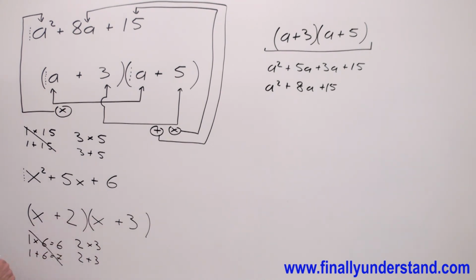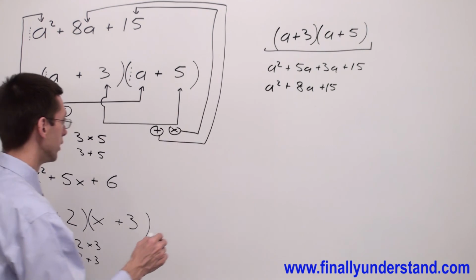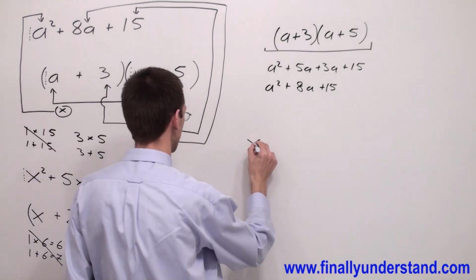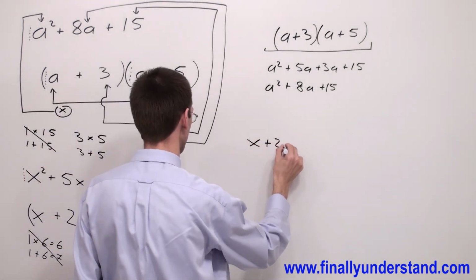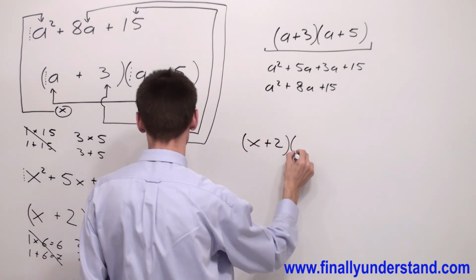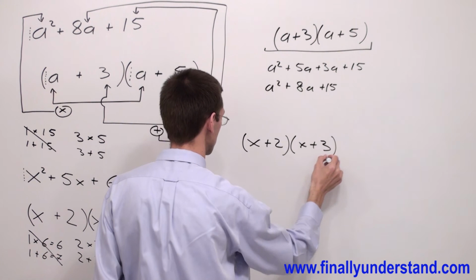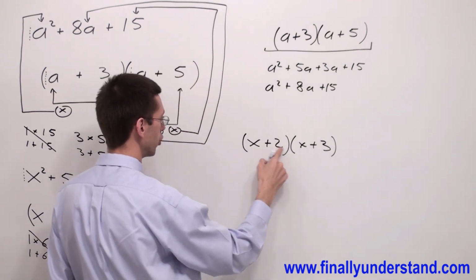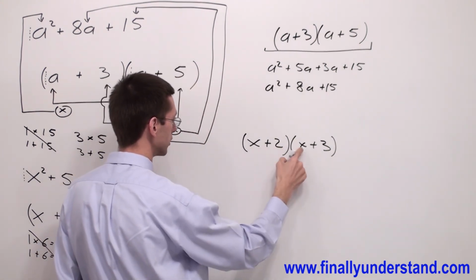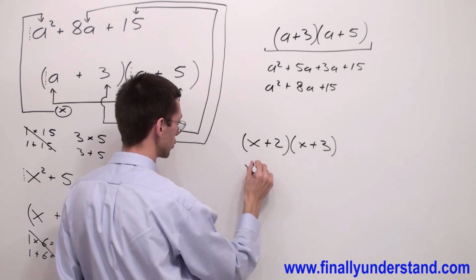But let's verify our answer. We said we have x plus 2 times x plus 3. We are going to apply the FOIL rule. X times x gives me x squared.